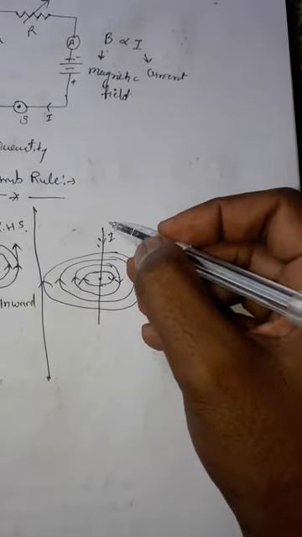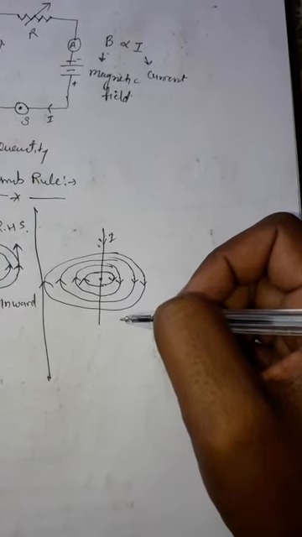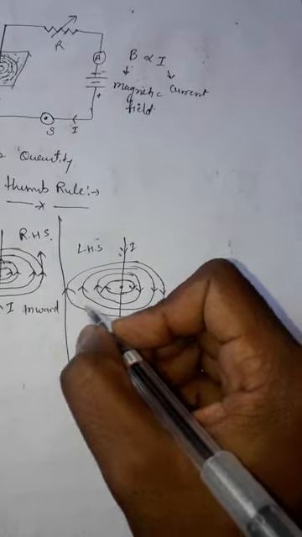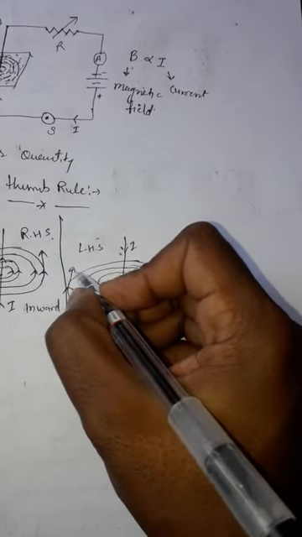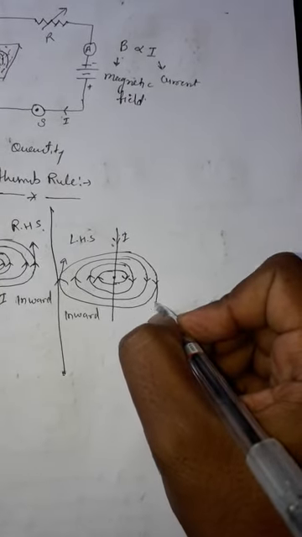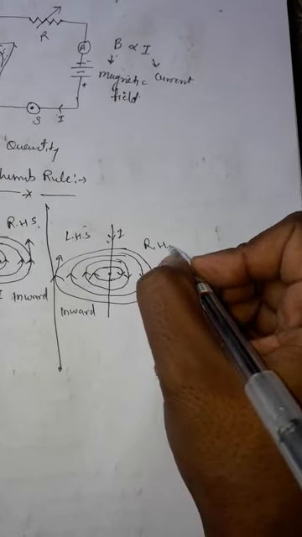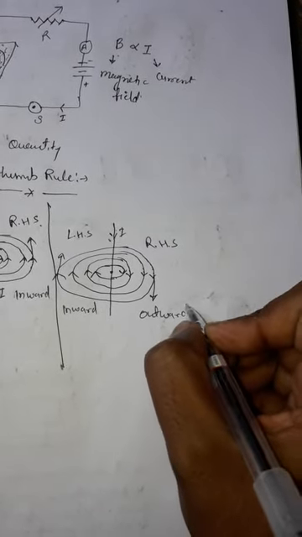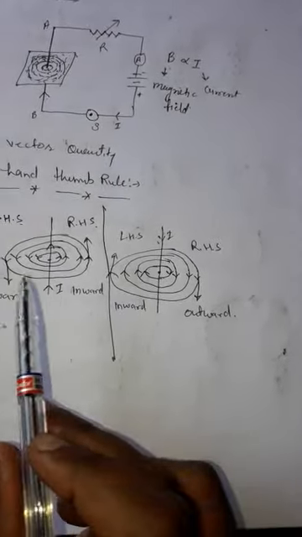Similarly, when current is in the downward direction, on the left hand side the field is inward, and on the right hand side the field is perpendicularly outward.